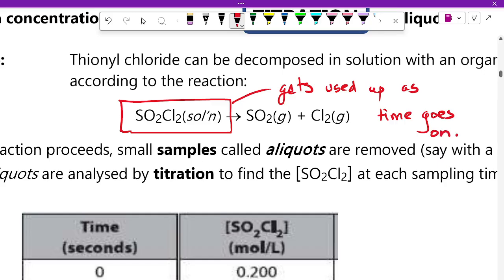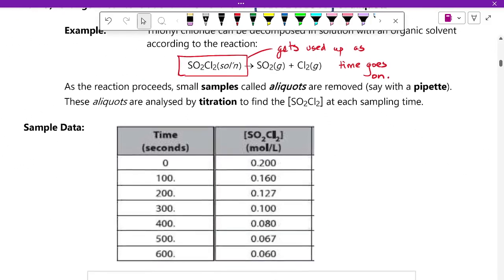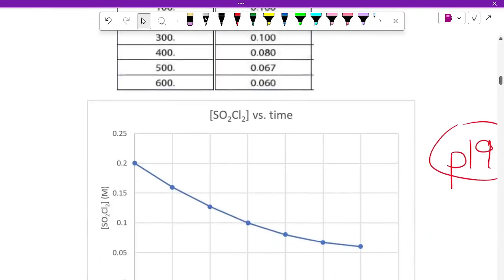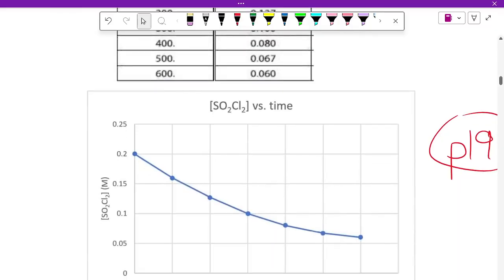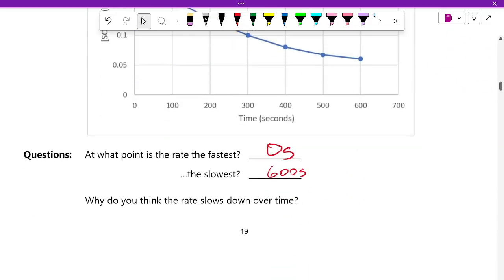So the question then is, why does the rate get slower as time goes on? We answered this in the work. Because there's less SO2Cl2. And if you have less of something, we'll talk more about this later, you'll have fewer collisions between those particles. And if you have fewer collisions, you will have less reaction.